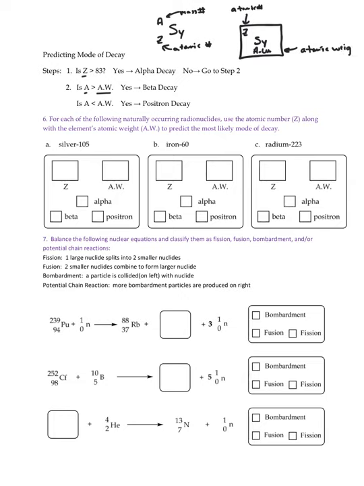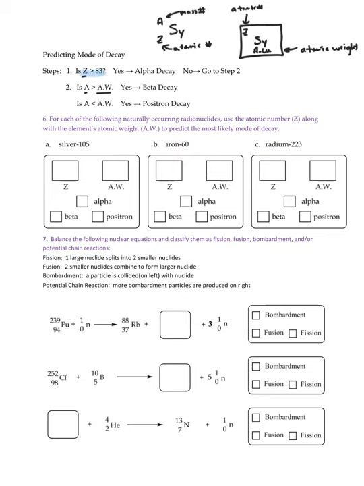But under the symbol, that's where you see your atomic weight. And so we're going to take advantage of the fact that the atomic weight is going to be due to the stable forms of that particular element. Because again, most atoms have a stable nucleus. And so the first step is to look and see whether or not Z is greater than 83.